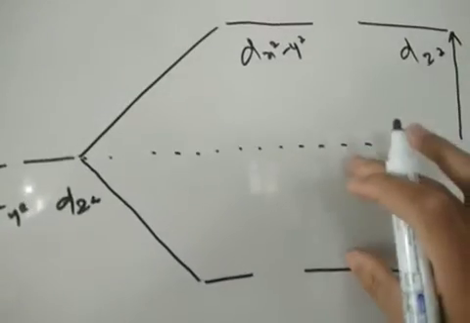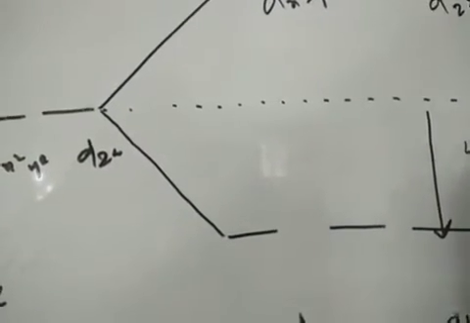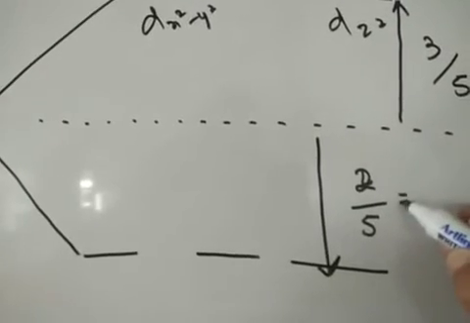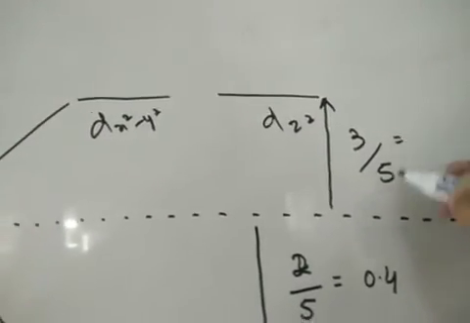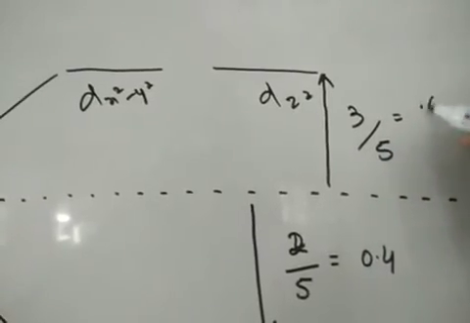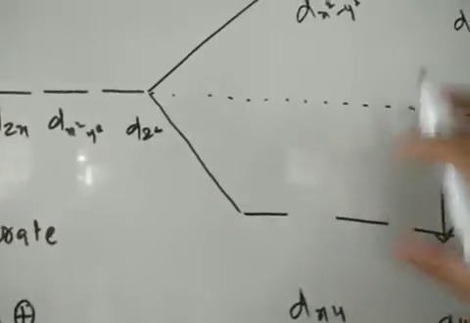Okay? So this gap is less and this is more. So this is 2 by 5, that is equivalent to 0.4. And this 3 by 5, that's equivalent to 0.6. So that's clearly more. So it gets raised more and they are getting lowered less.